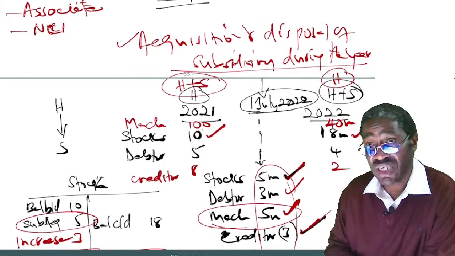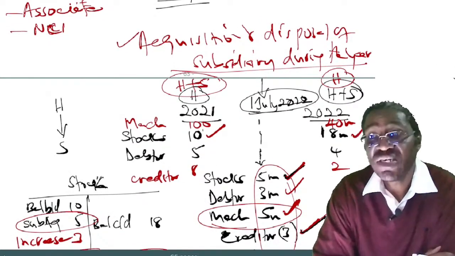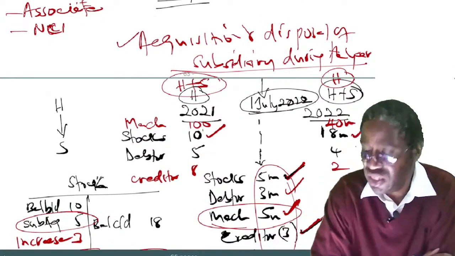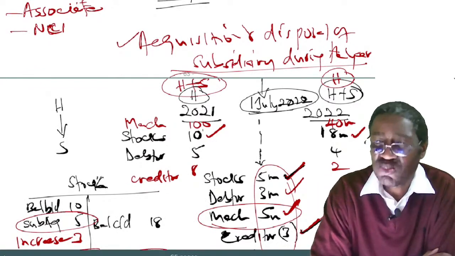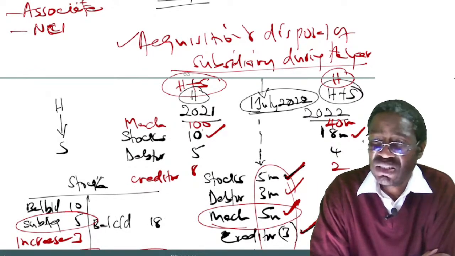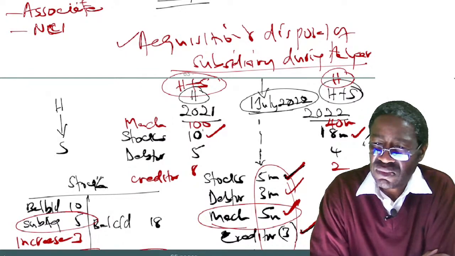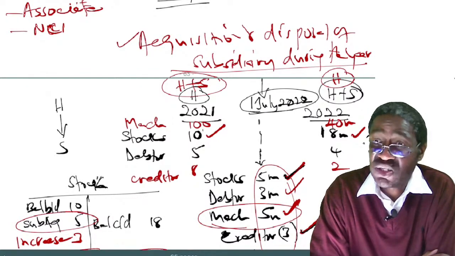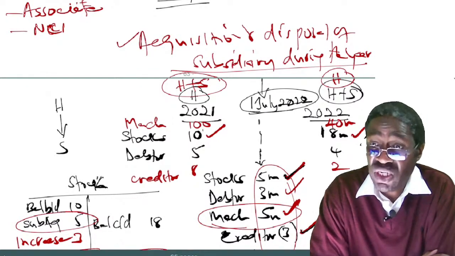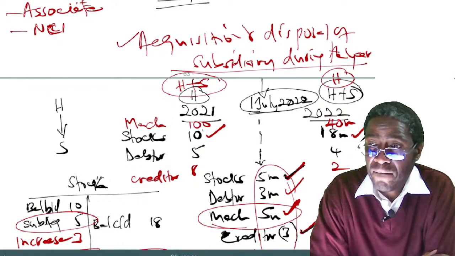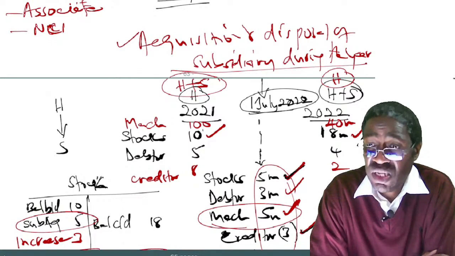So today we are starting with acquisition and disposal. Put it as a subheading: acquisition and disposal of subsidiary during the year.